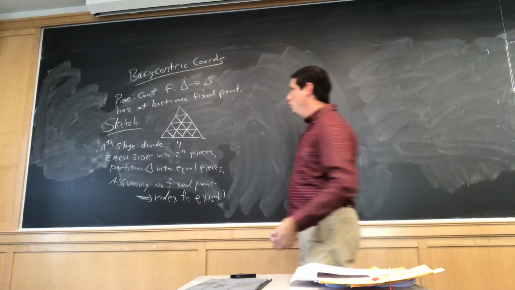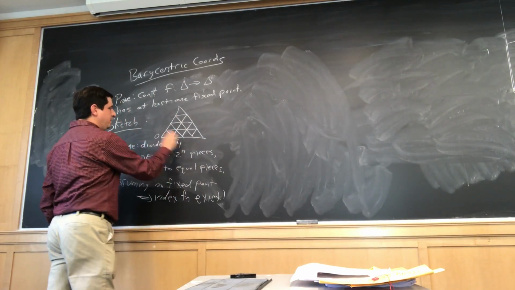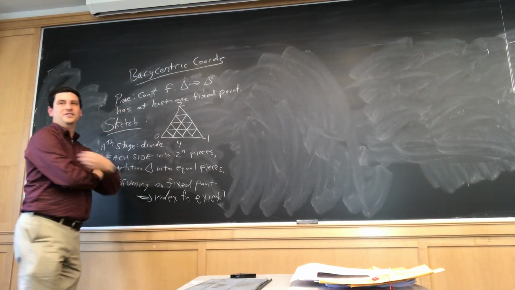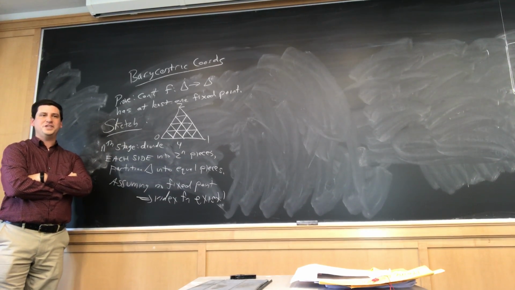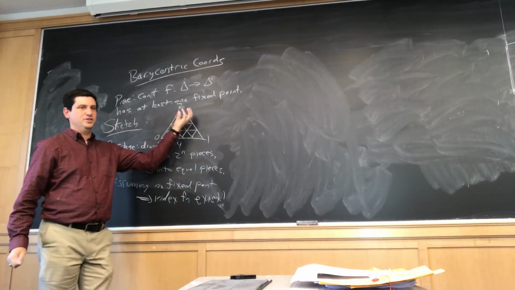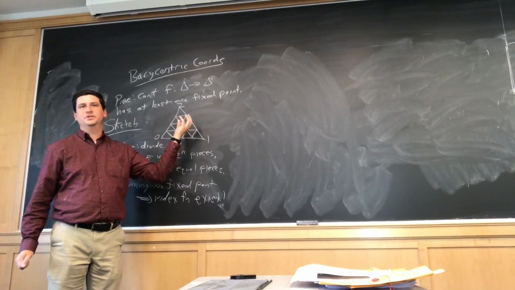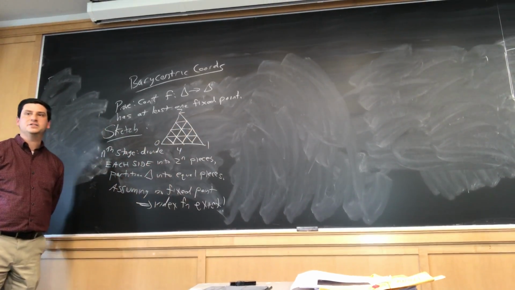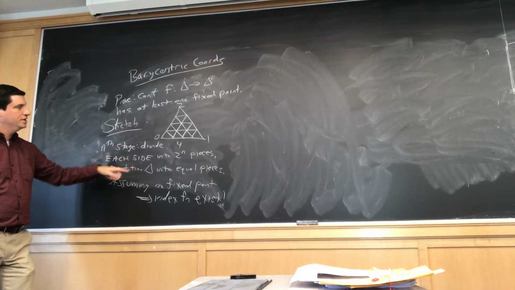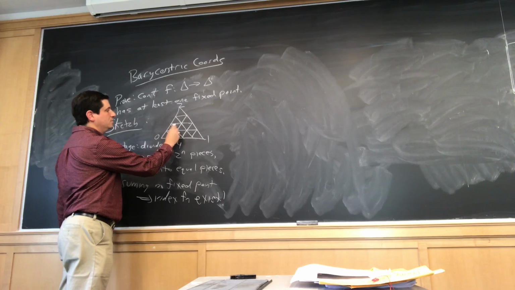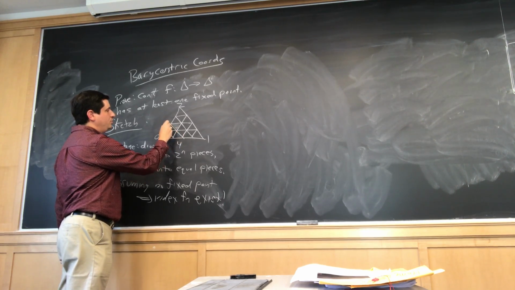No. Right? We know the index function is going to be 0 here, 1 here, and 2 here. The index function is not going to be continuous. If you have an integer valued function that takes on more than one value in a set like this, it can't be continuous. The index function is highly discontinuous. But we know for each partition, there is some triangle that has a 0, 1, 2 label.